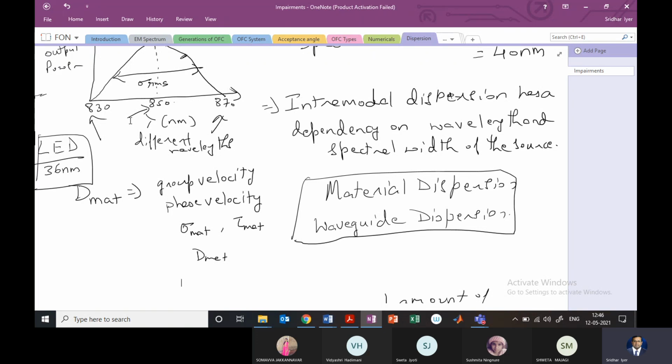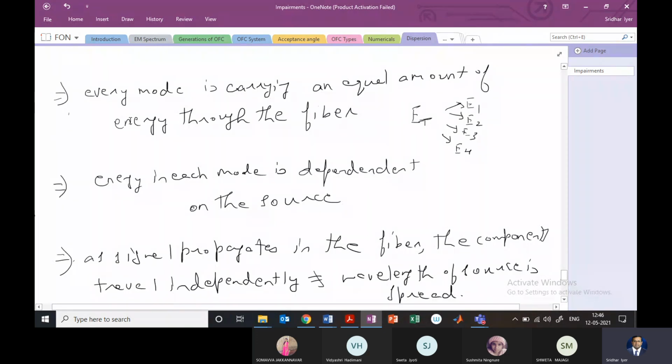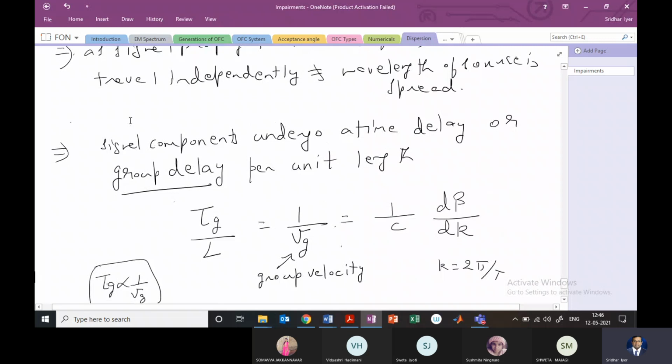Because of this, every mode carries an equal amount of energy, but each of this energy in the one mode is going to act independently, and because of which the velocity is going to be different. And since the wavelength of the source is spread out rather than a single wavelength, all of these components are going to undergo some delay.